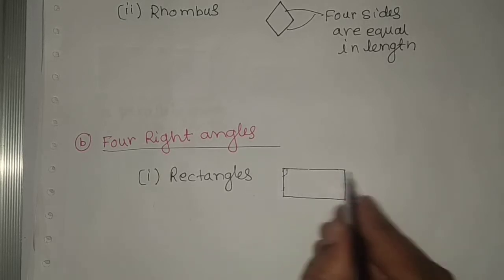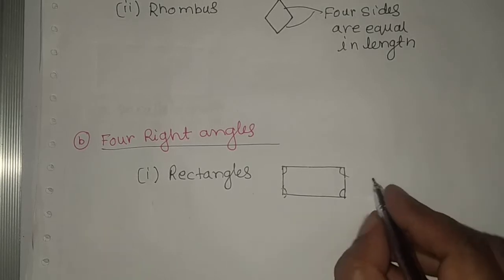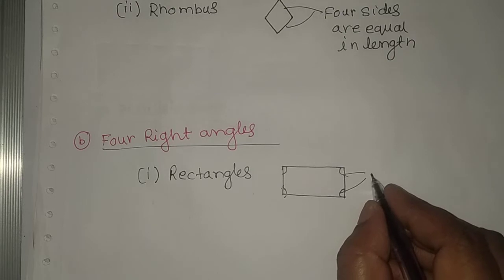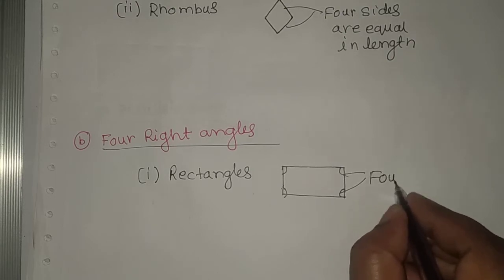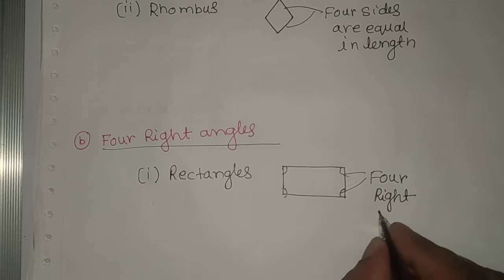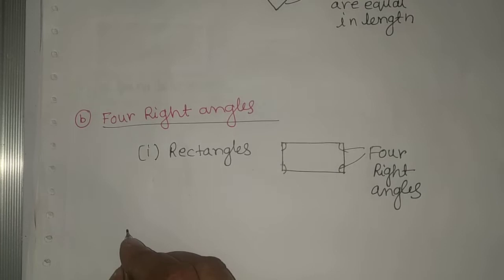Therefore 4 angles. So having rectangle, 4 right angles. So this is the first option.